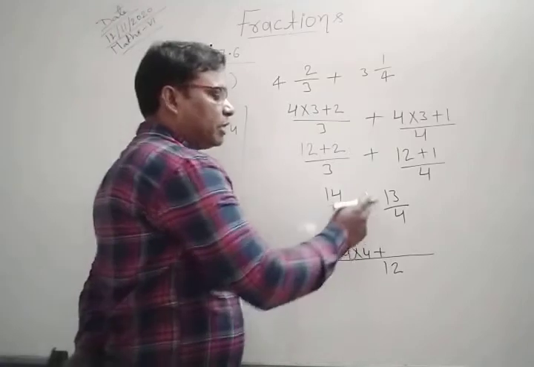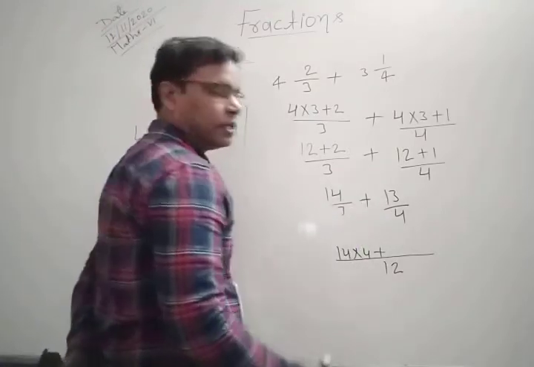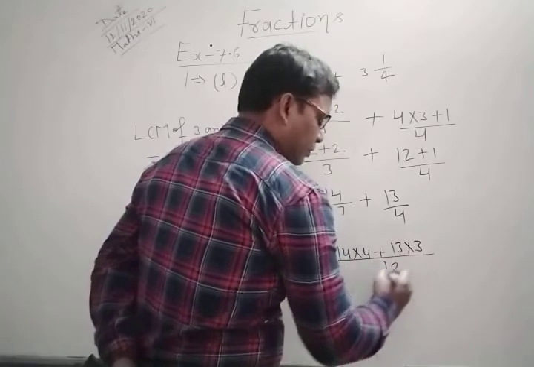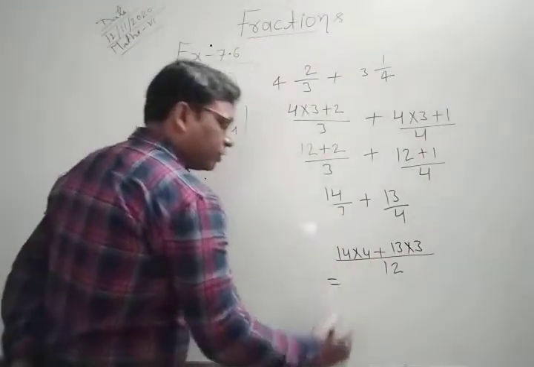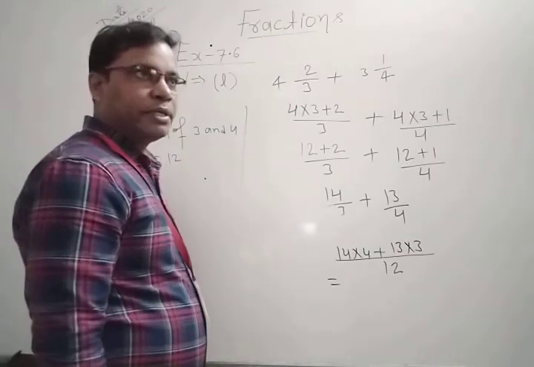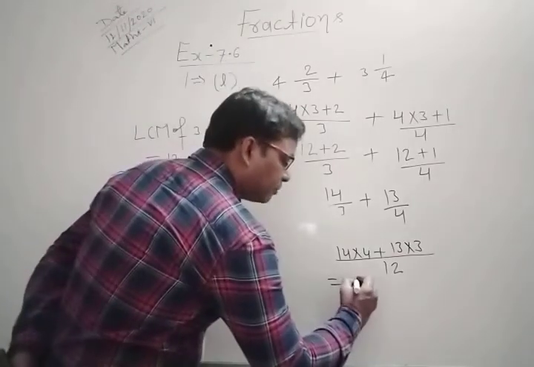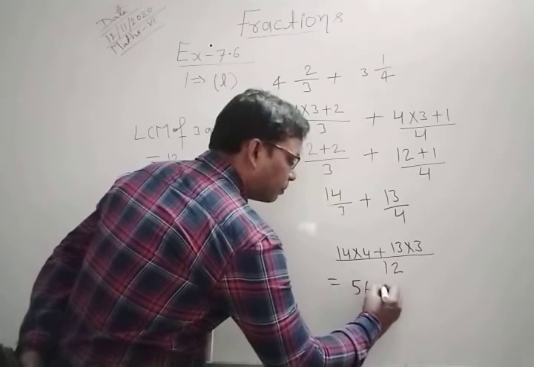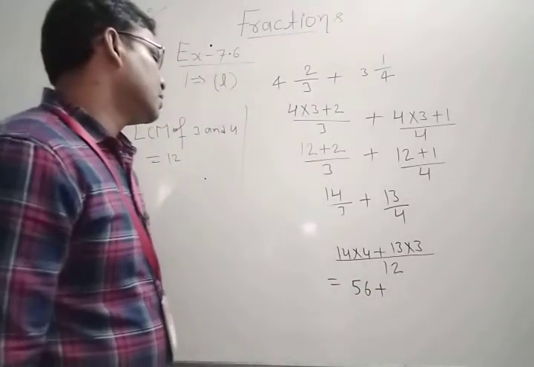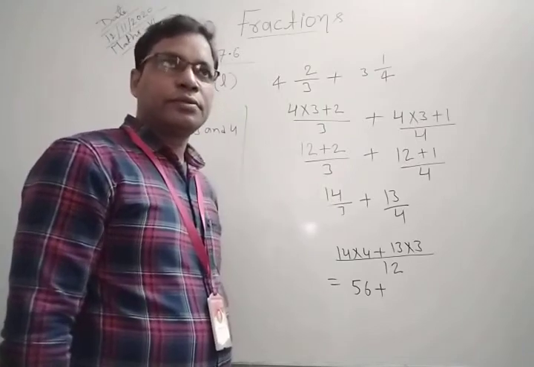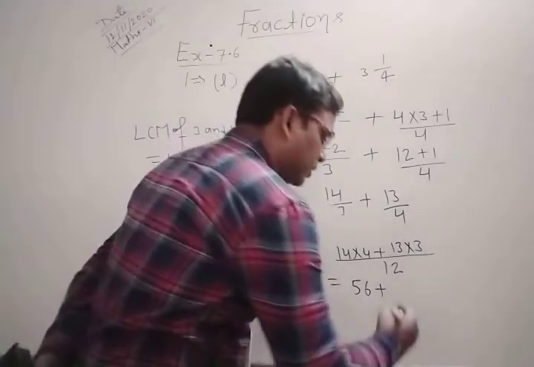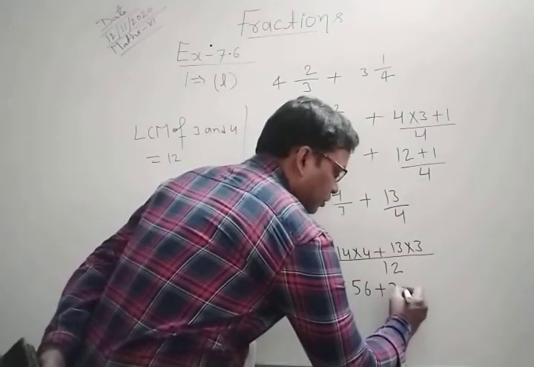So we multiply 13 by 3, so it becomes 13 into 3. Clear? So 14 into 4 is equal to 56, plus 13 into 3 is equal to 39, all by 12.